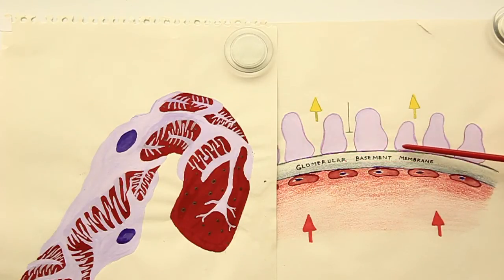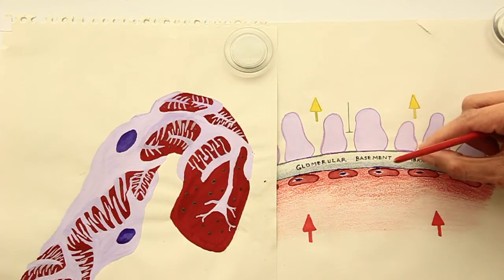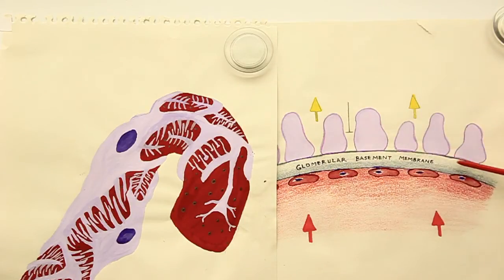So there is a Bowman's capsule basement membrane and a capillary basement membrane. Together, they clump together and form a single layer that's known as glomerular basement membrane. The glomerular basement membrane is a fusion of the basal lamina of capillary and the basal lamina of the podocytes. Okay?